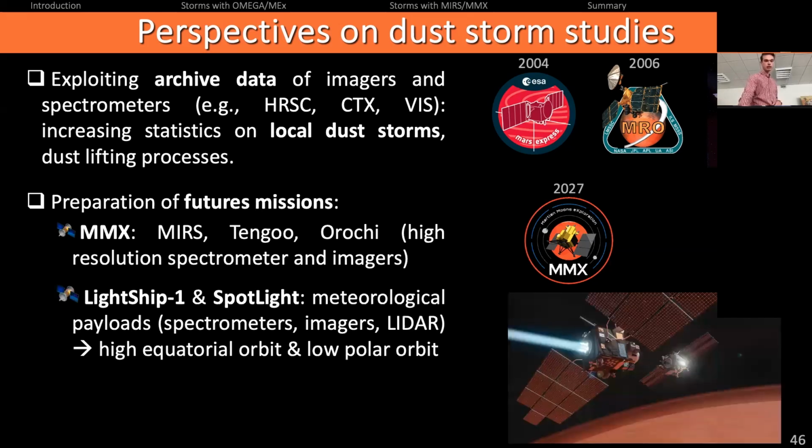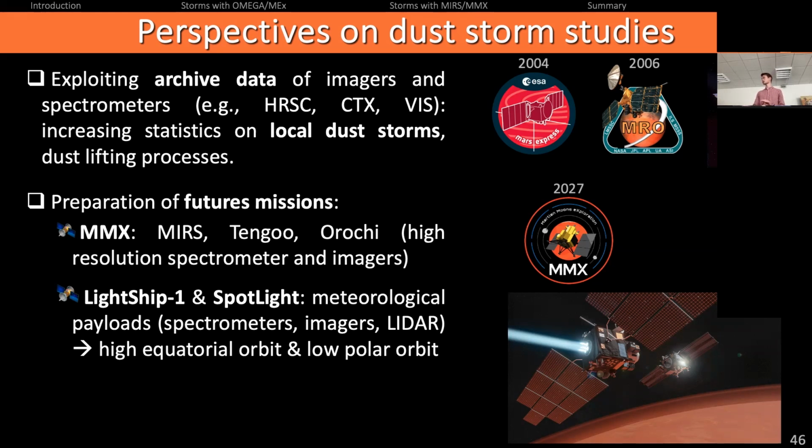And also there are different kinds of mission proposals such as Lightship 1 and Spotlight, which are missions proposed by ESA with meteorological payloads. So these will be very nice missions for dust storm study, with spectrometers, imagers, and also a LiDAR.